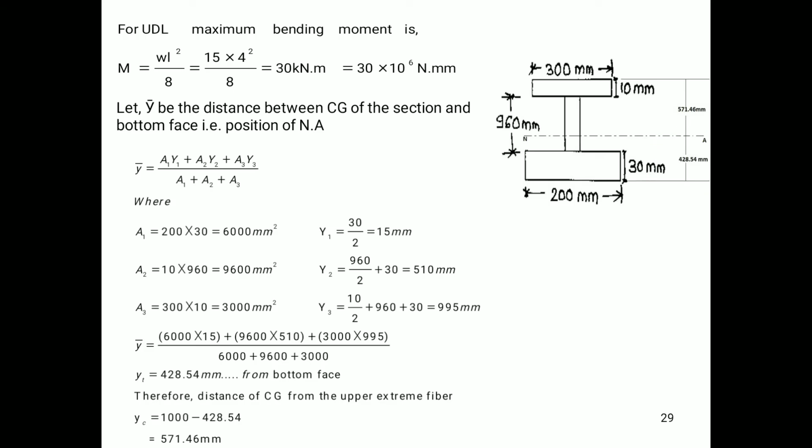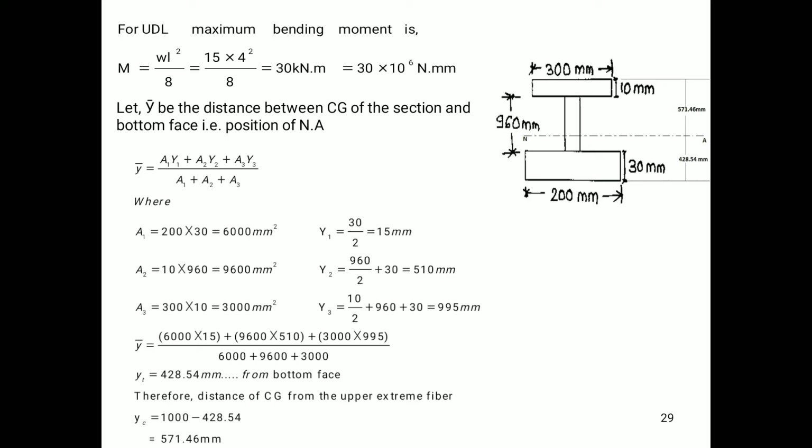Now as we know the value from the bottom face, 428.54 mm, we can find the value from the top face, or from the extreme fiber also. That value can be found from the total depth of our I section, which is 960 plus 30 plus 10, means it is 1000. 1000 minus the value of yt will give the value of yc, because the fiber which is above the neutral axis will be in compression.